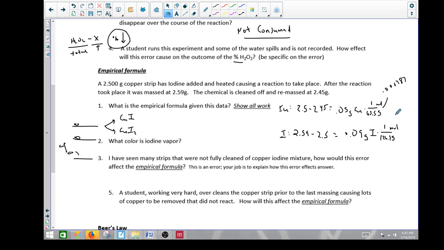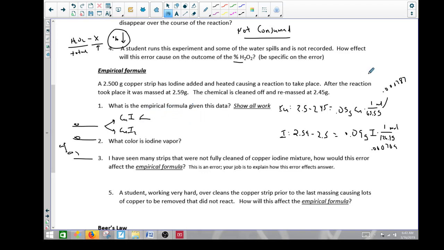Holding 3 sig figs. This one is 0.09 divided by 126.9 equals, now again, 3 sig figs is what we want to hold, 0.000709, and we would note that they're pretty close. I would be leaning towards that guy.